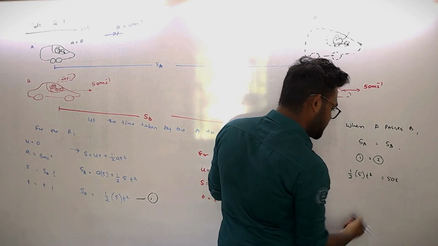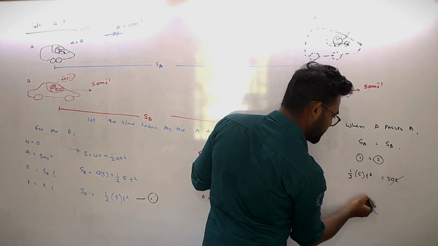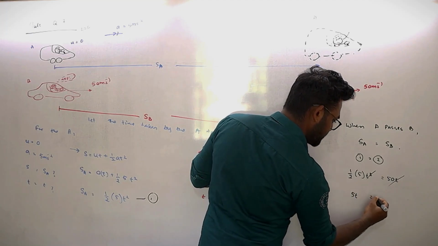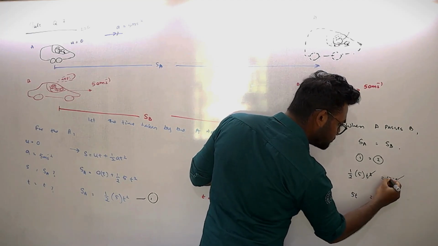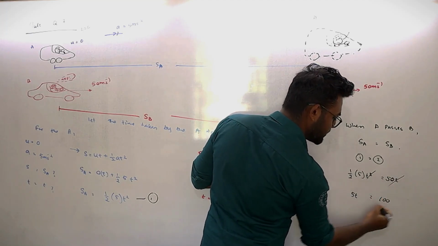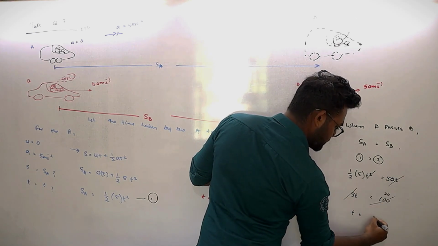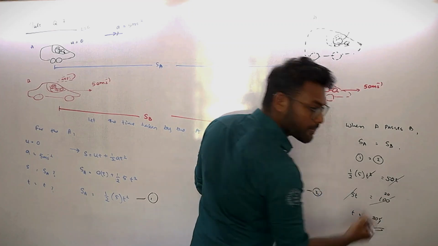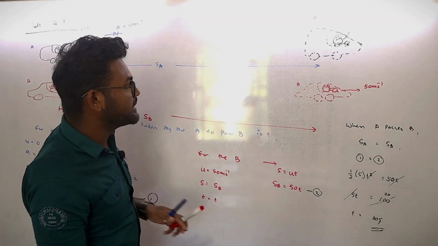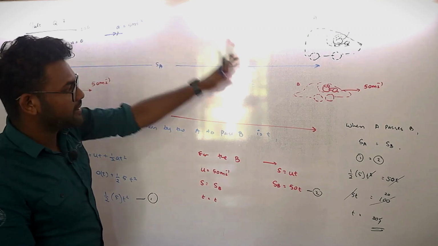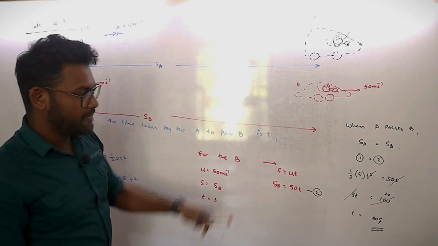I'll simplify it the way, okay, maybe like I can take it like this. Then we're going to have 5t equals 2, and cross multiplying to the other side, then it becomes 100. So this cancels off and t equals 20 seconds. So after 20 seconds, A can pass B again, right?